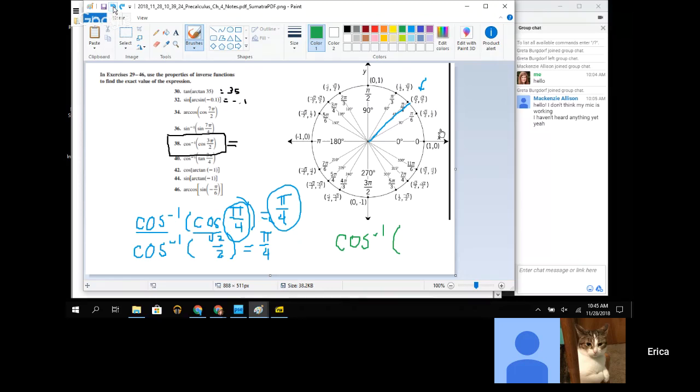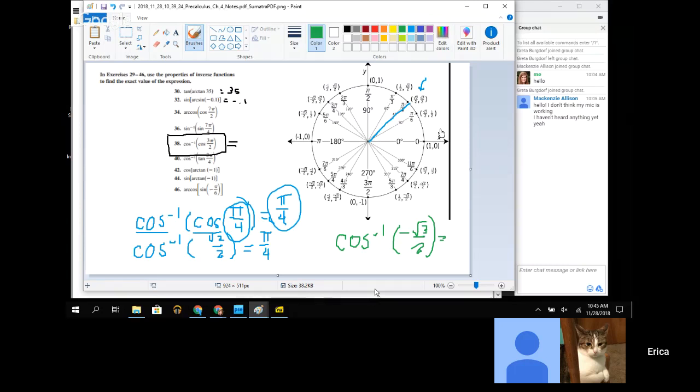If I asked you to find the inverse cosine of negative square root of 3 over 2, could you tell me what that would be? All right, Greta texted me. Let's see. It makes enough sense, you guess. You crack me up, Greta.